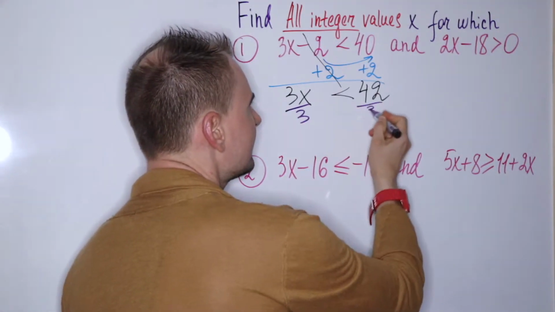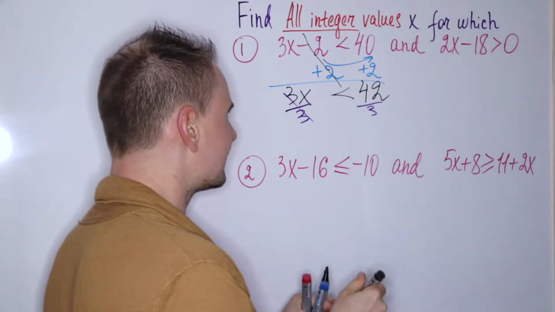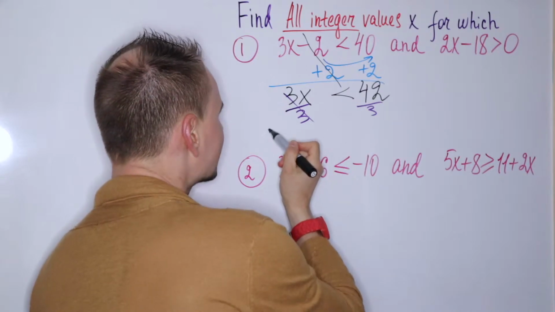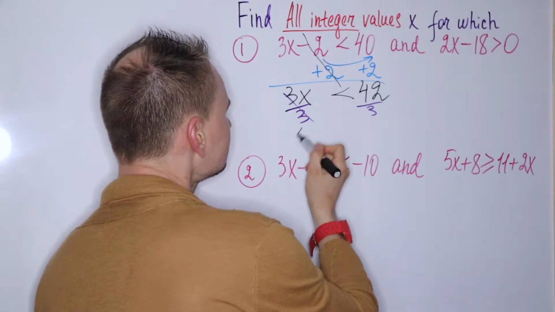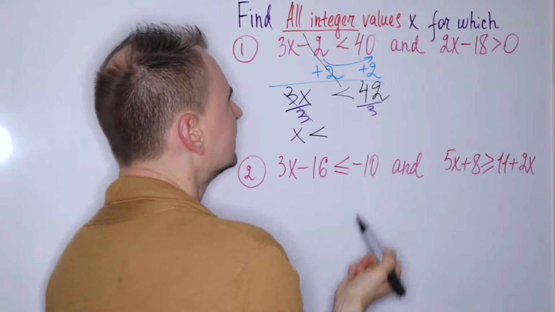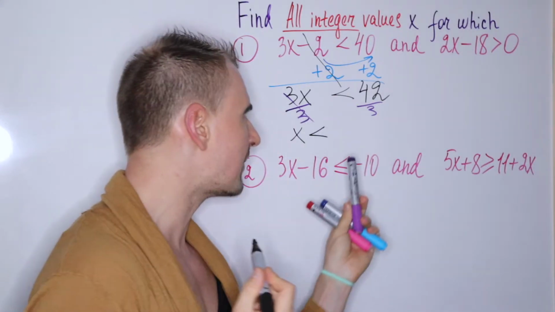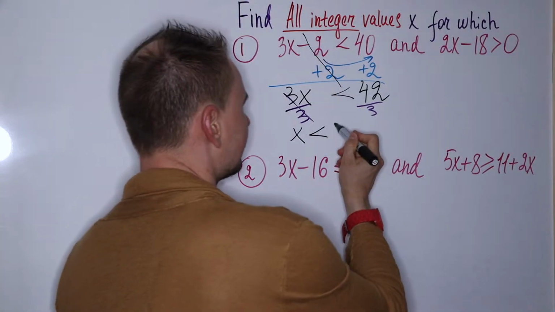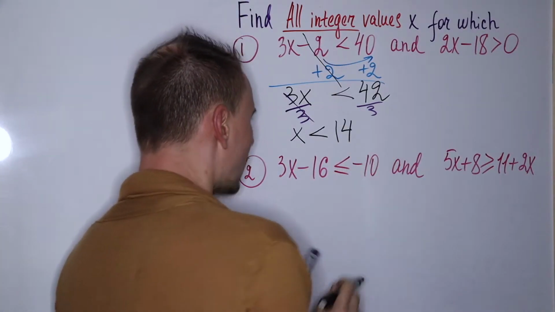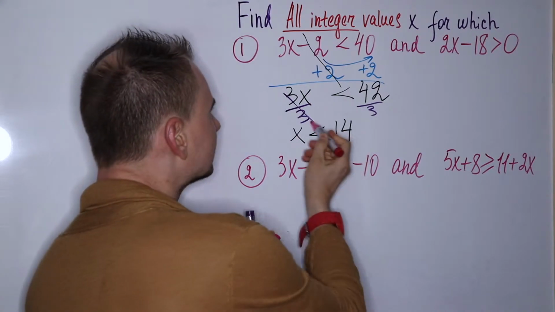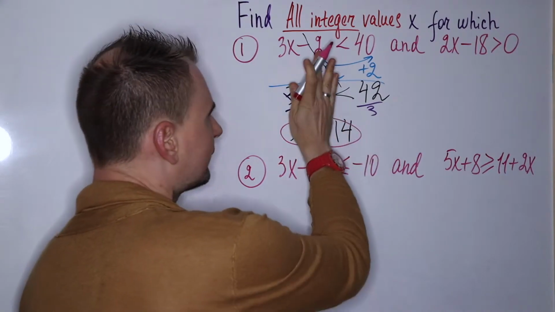The 3 drops out, so you are left with x less than, and 42 is divisible by 3, so you end up getting 14. So x less than 14. This is the solution for the first inequality.